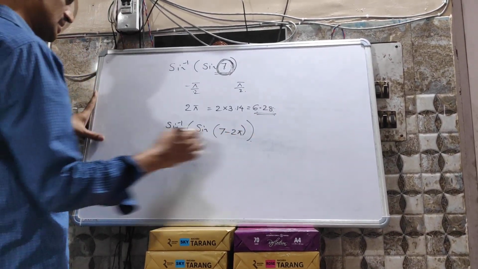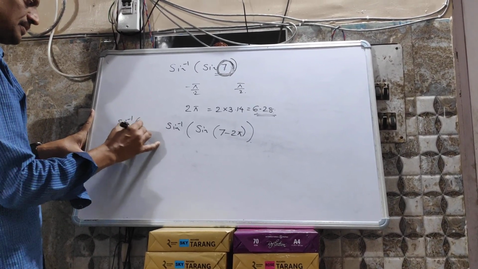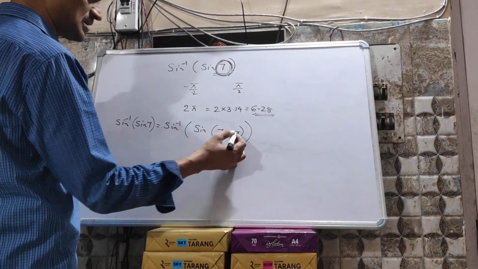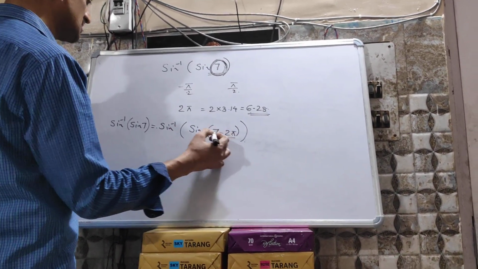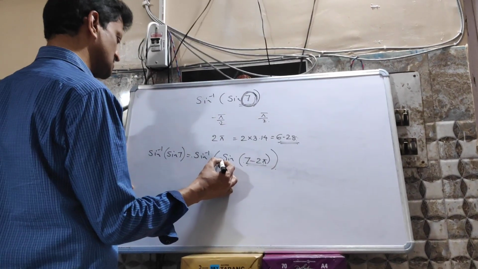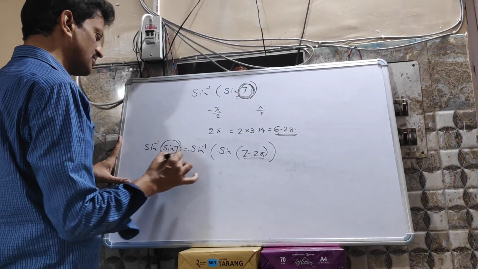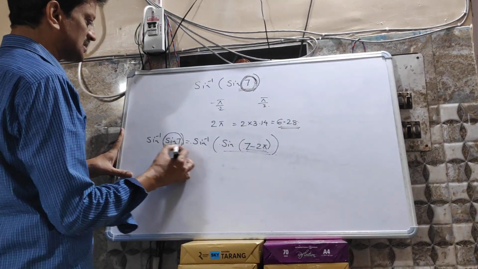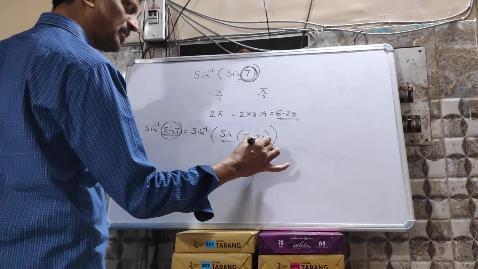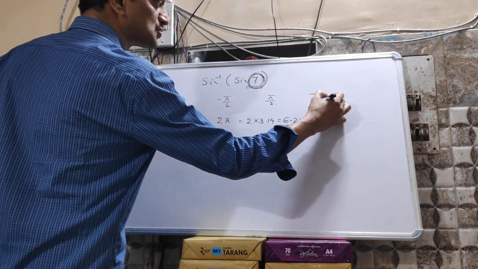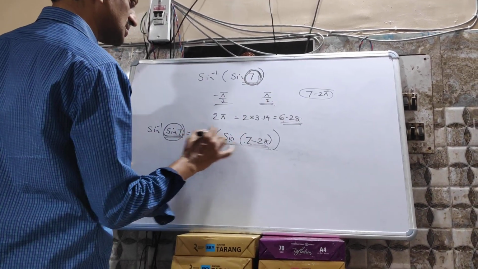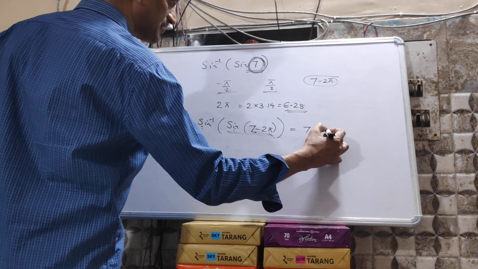You may ask, sir, can we write sin inverse sin 7 like this? Yes, look, take a minus common: minus of sin of 2 pi minus 7. Sin of 360 minus theta is minus sin theta, so minus sin 7 times the outside minus gives plus sin 7. So plus sin 7 you can write like this. So sin inverse of sin of 7 minus 2 pi. Just now we have seen 7 minus 2 pi is a value lying between minus pi by 2 and pi by 2, so happily you can write it.